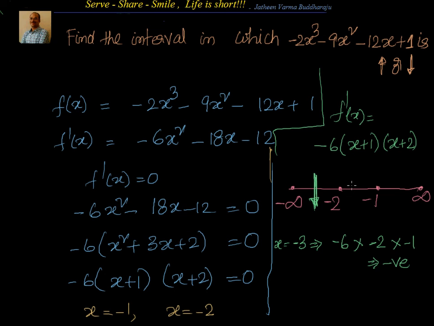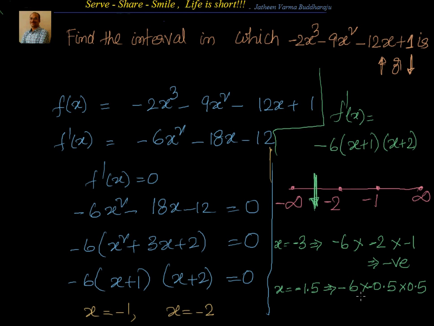Now let's go to the second interval we have between minus 2 and minus 1. So we will put x equal to minus 1.5 there, which is between minus 1 and minus 2. If I substitute, I'll have minus 6 into minus 0.5 into 0.5.